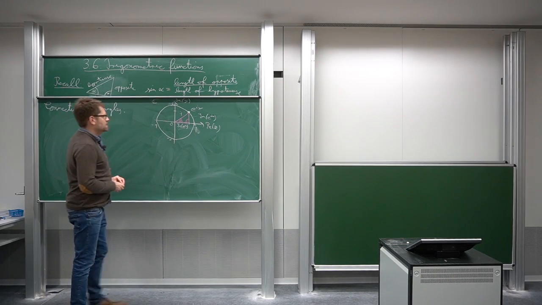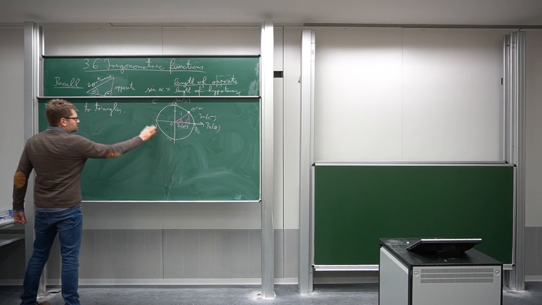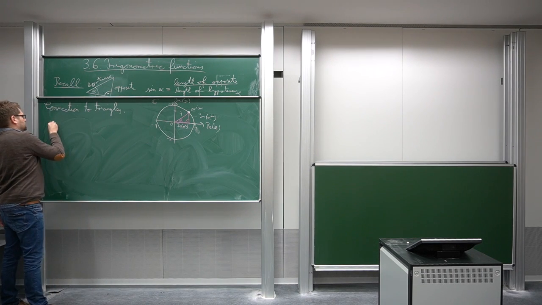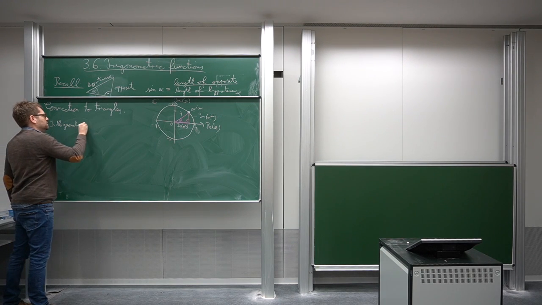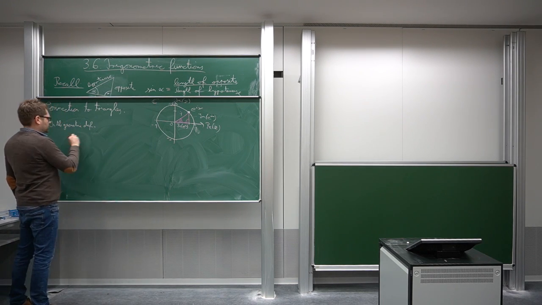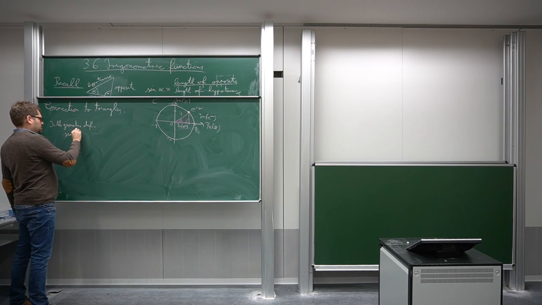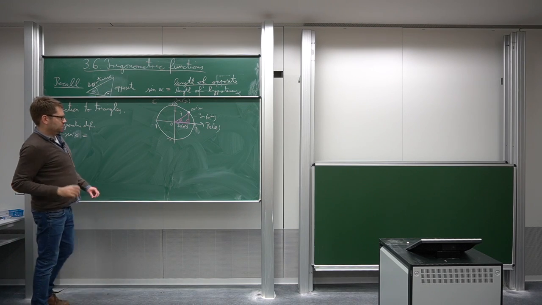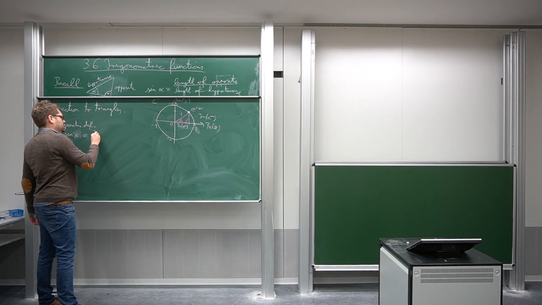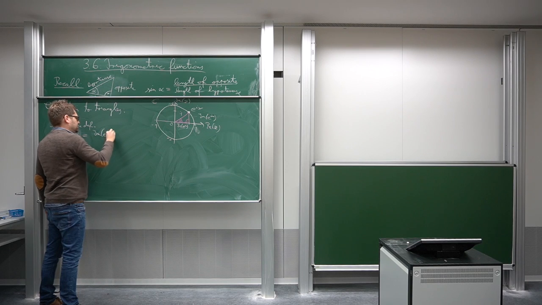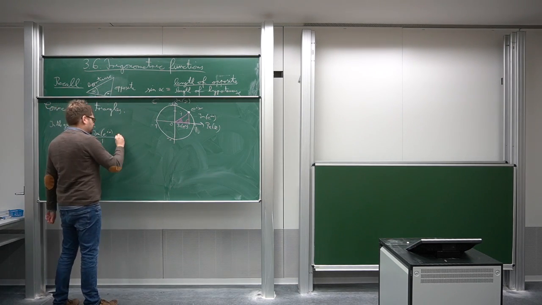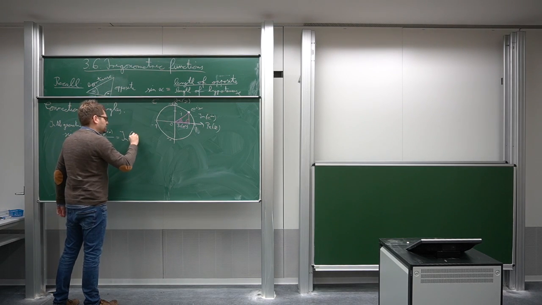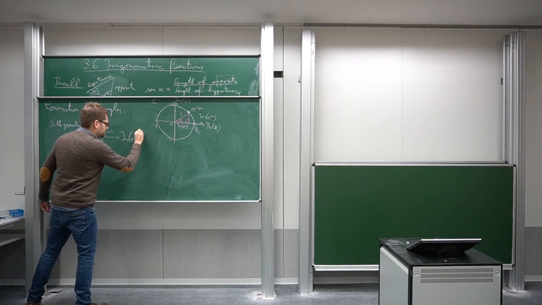If we take this angle x in the geometric definition, the sine of x would be the length of the opposite, which we have clarified is the imaginary part of e to the ix, divided by the length of the hypotenuse, that's this line here, which has length 1. So this is really Im of e to the ix.